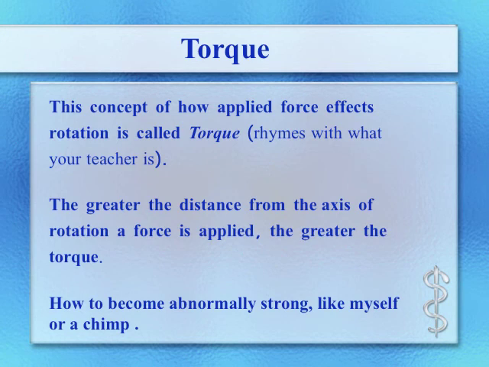Where the biceps are attached, where the tendons are attached, they're attached a distance away from the rotation point, from your elbow. The stronger your biceps are, the stronger the force from your biceps on your upper arm, the greater rotation of your upper arm, the greater rotational force or torque.